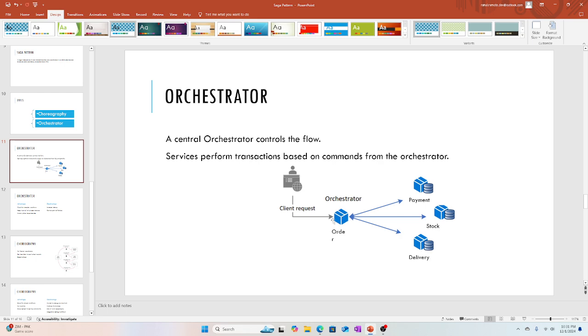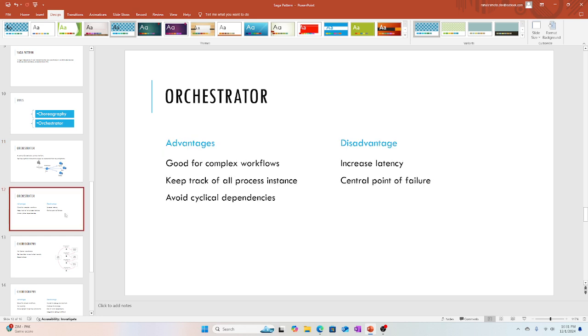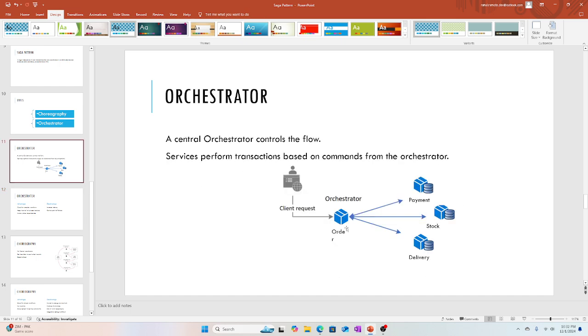The order service is totally responsible for that, and this is the disadvantage of having a single central point. It will be a single point of failure. If the order service goes down, then the whole system goes down too.